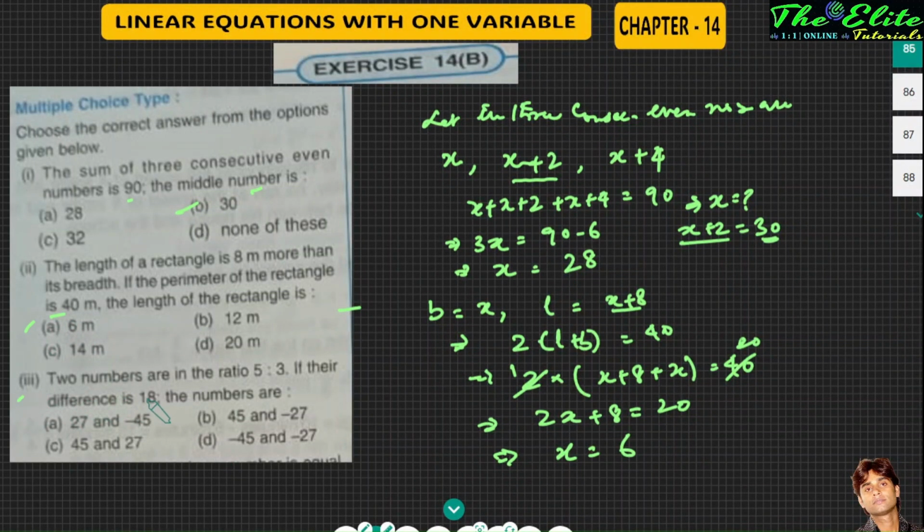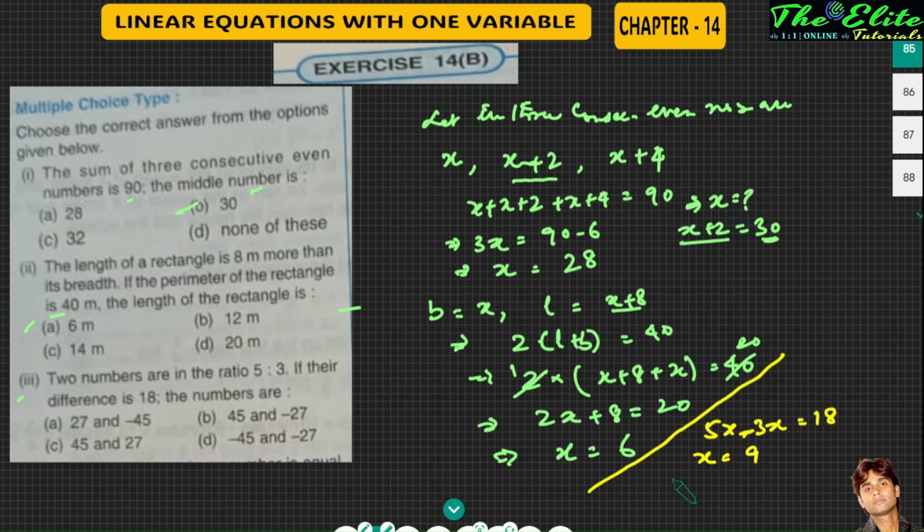Likewise, the third one: two numbers are in the ratio of 5:3. If their difference is 18, find the numbers. You will consider the two numbers as 5x and 3x. If the difference is 18, then 5x minus 3x is 18, so x is equal to 9.